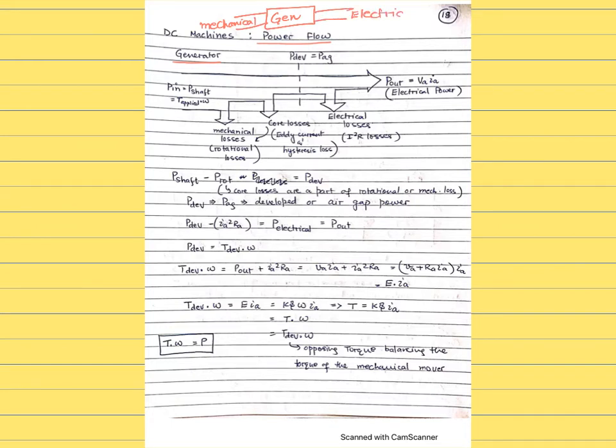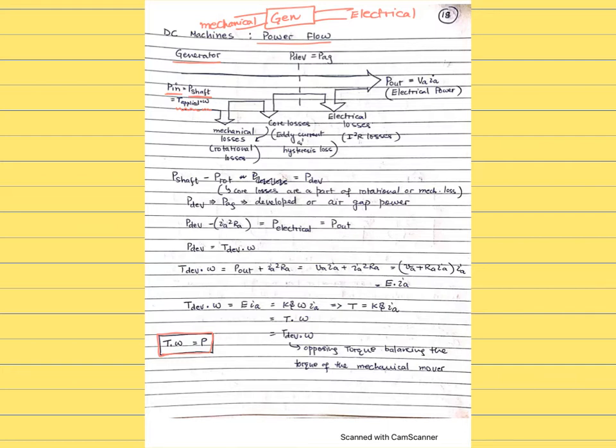Mechanical power is supplied at the shaft, so the input power to the generator is also called P shaft. Power can be expressed as the torque multiplied by the speed, so the power at the shaft is given by the applied torque multiplied by the angular speed in radians per second.